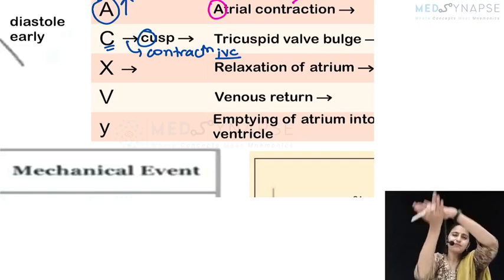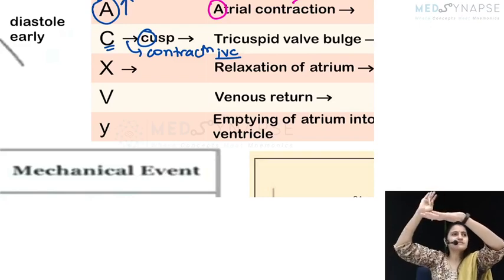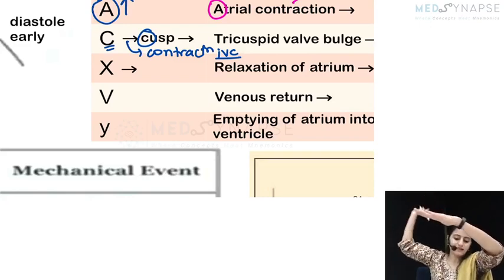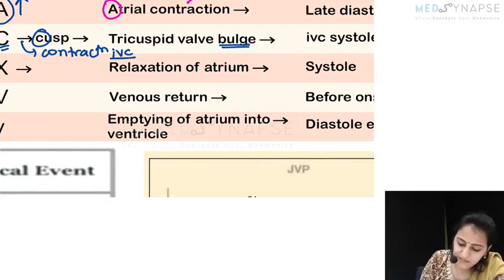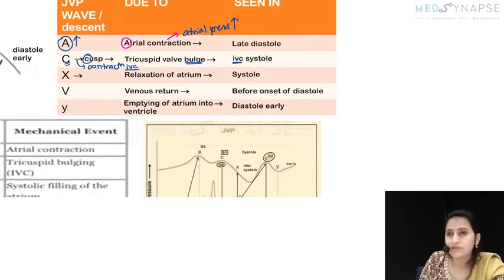So the cusp bulges into the right atrium, the cusp comes up, the pressure comes up, and the JVP also shows a positive wave. So remember, it's because of the tricuspid valve bulge in isovolumetric contraction, which is, when I say the ventricle is contracting, it's a systole.